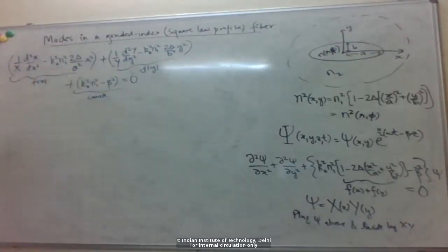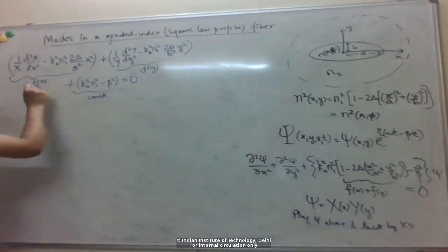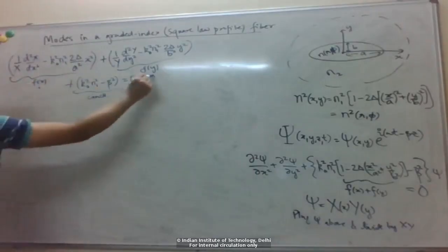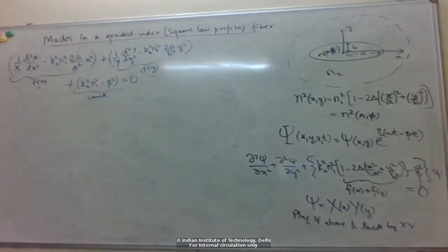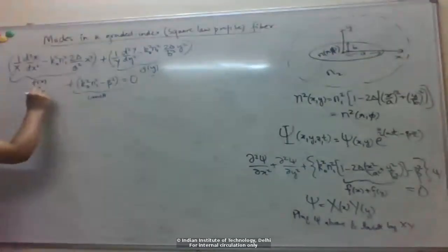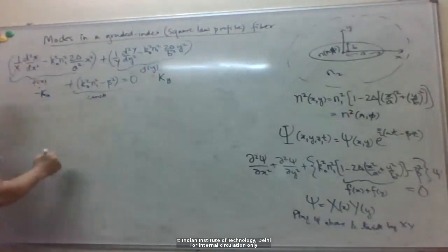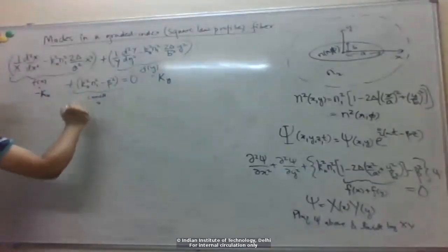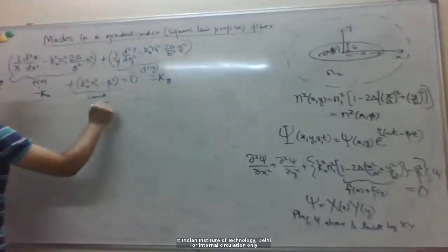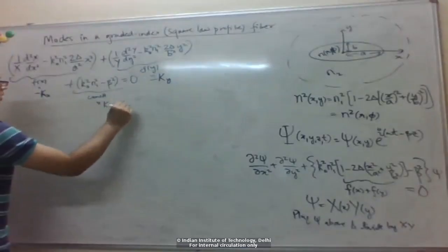So the only way that can happen is if both of these are also constants. So this is also a constant and this is also a constant. So we put that, this we call minus kx squared, and this minus ky squared, and this constant would then be kx squared plus ky squared.